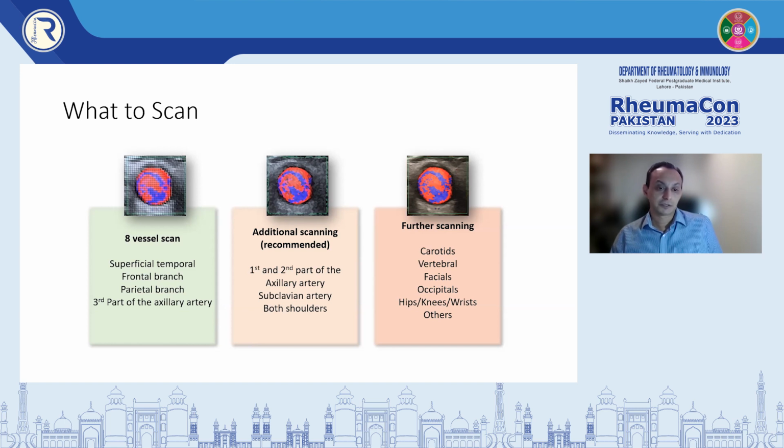So we routinely do first and second part of the axillary artery as well as subclavian artery, and we routinely examine shoulders in these patients because association with polymyalgia rheumatica is very high. Where required, we can perform additional vascular assessment and additional joint assessment, which can be further helpful in making the diagnosis.